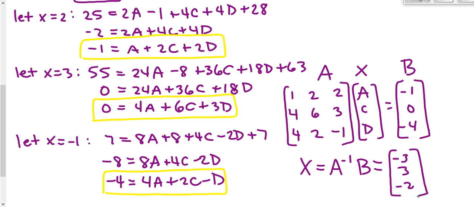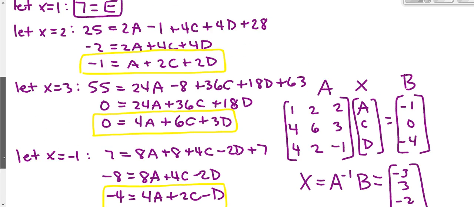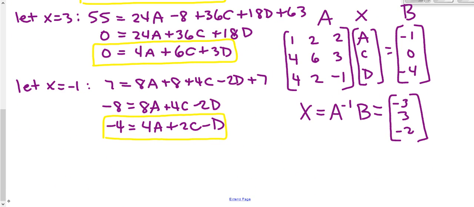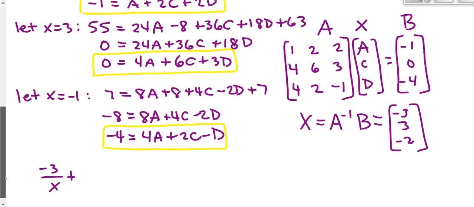Okay, so let's put those into our fractions. We have A, B, C, D, and E, don't forget. So A was over x. So we have -3 over x. B was over x squared. And B is -1.